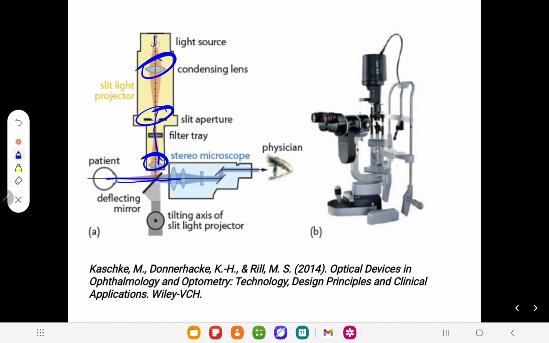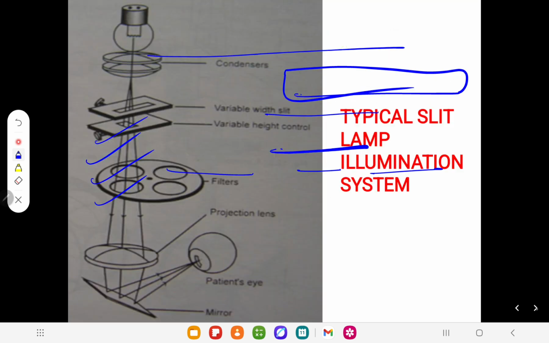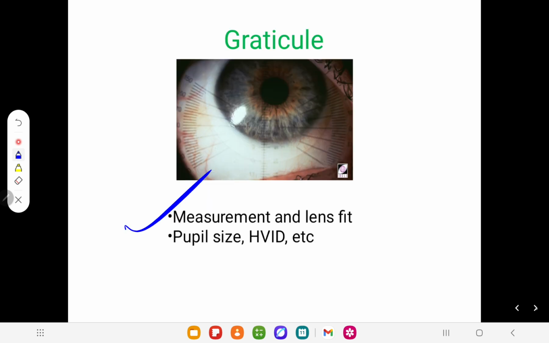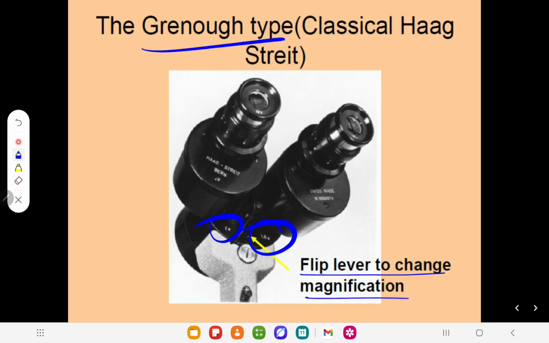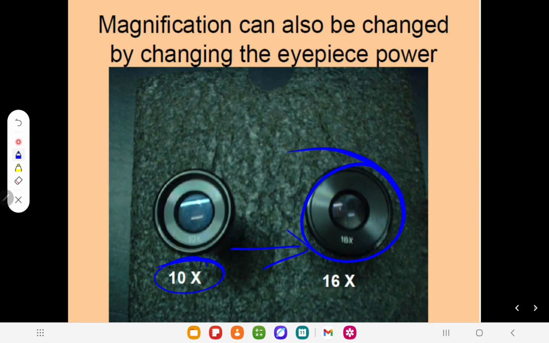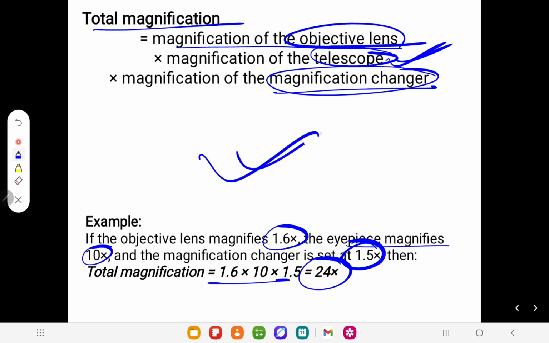In the observation system we have many things, the most important being the microscope and how the magnification goes. This is the concept I wanted to talk with you about, and it is a lovely concept that I want you to understand.